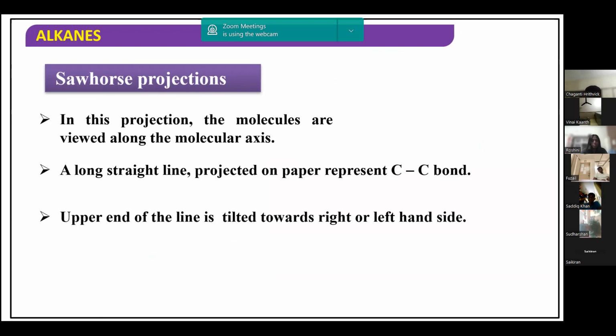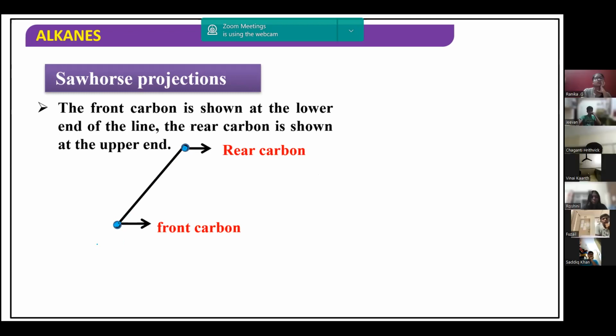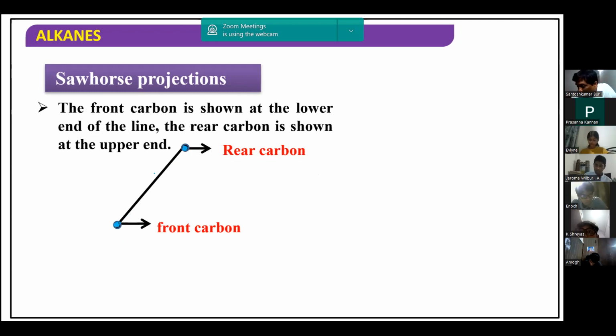On paper, how can we represent the staggered and eclipsed conformations? Just observe here: we write a long tilted line like this. This particular point can be taken as the rear carbon atom, and this particular point is the front carbon atom, which is towards the observer, while the other is away from the observer, behind.